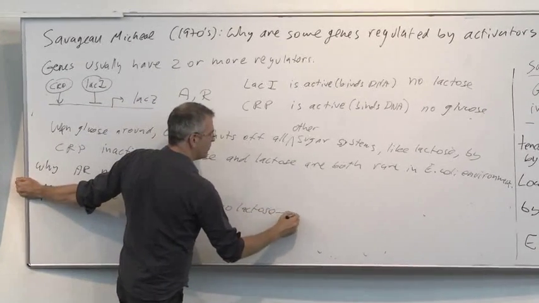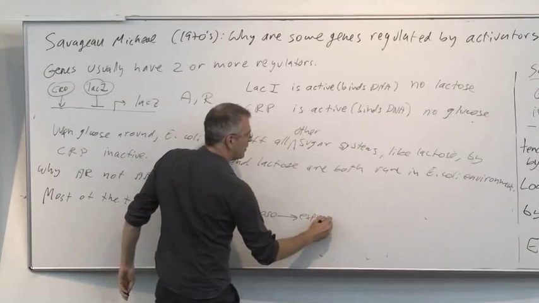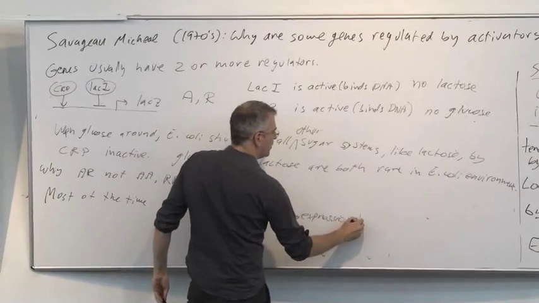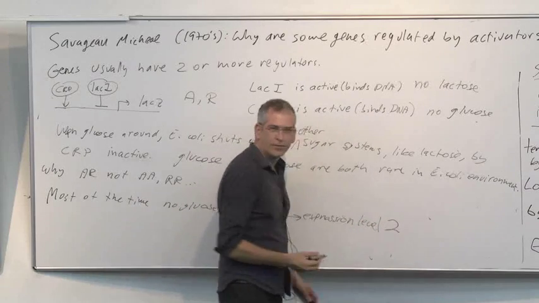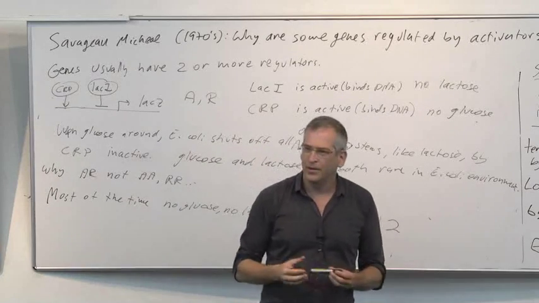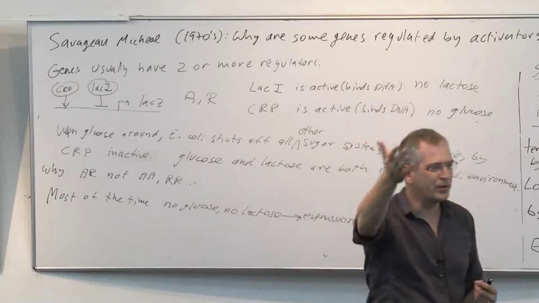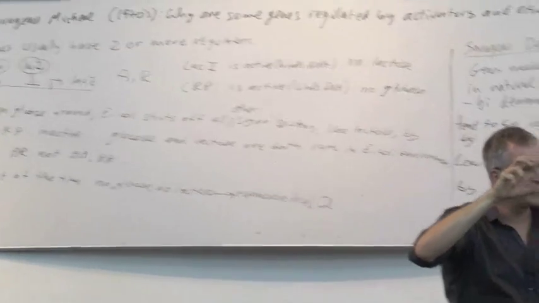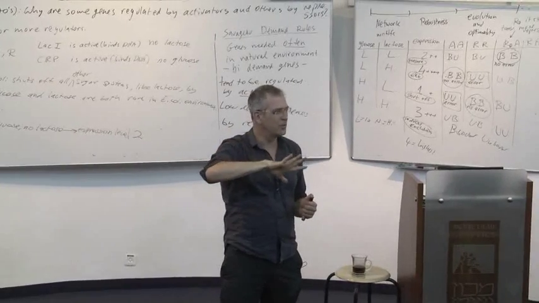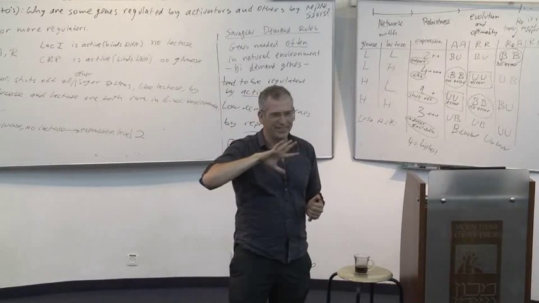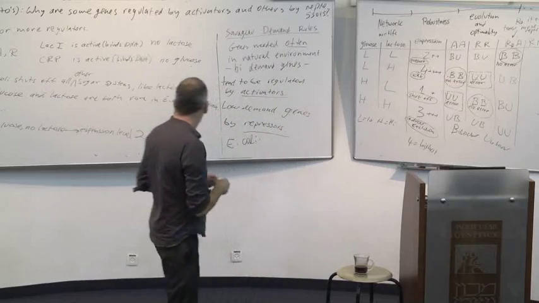So most of the time, it's expression level 2. So this system is an example of a system where most of the time, it doesn't need to be fully on or fully off. It should be at level 2 out of 4, the one next to lowest.